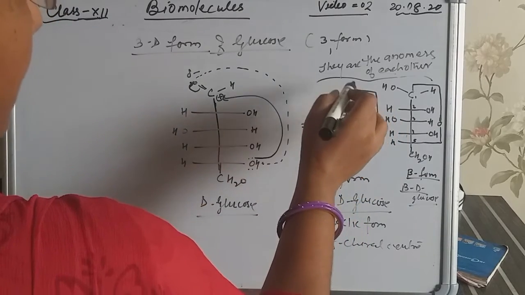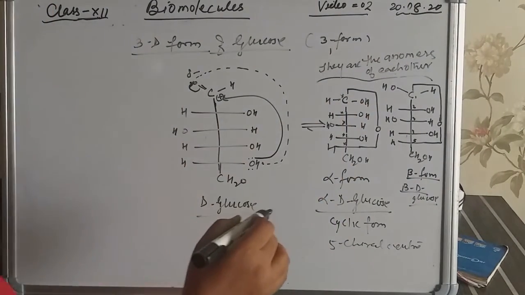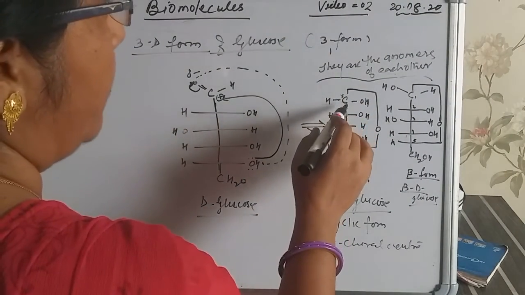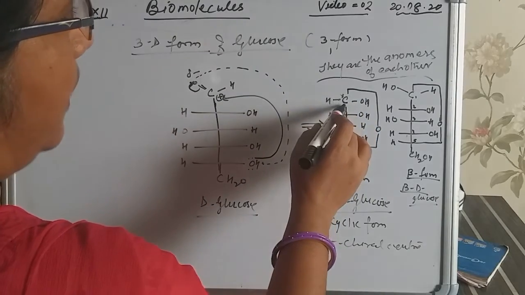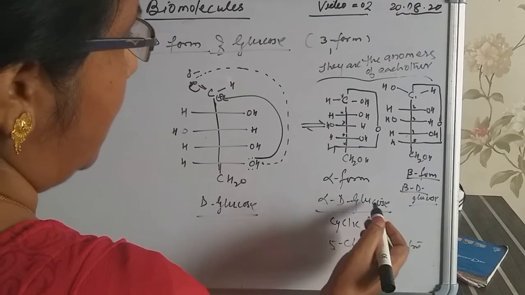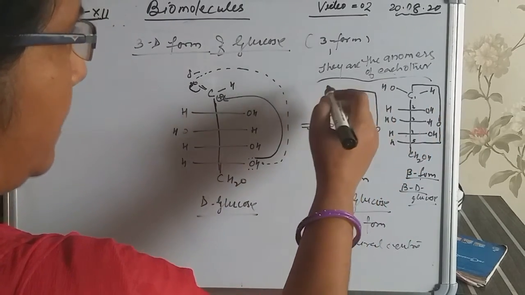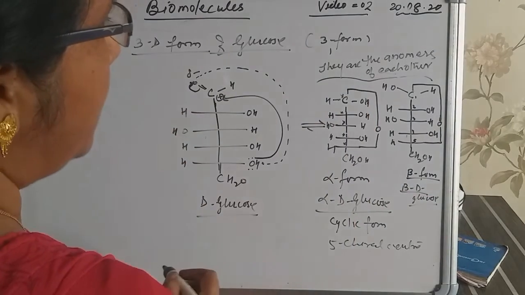We consider only carbon number 1. If the number 1 carbon OH group is present on the right side, it is called the alpha form, or alpha D glucose. If the number 1 carbon OH is present on the left side, it is called the beta form, or beta D glucose.